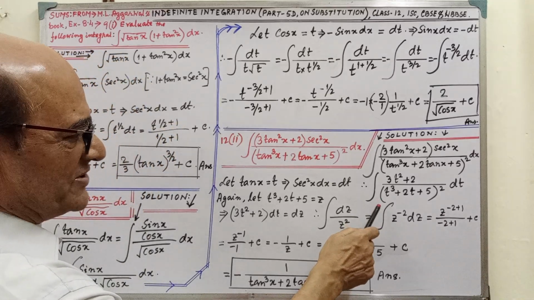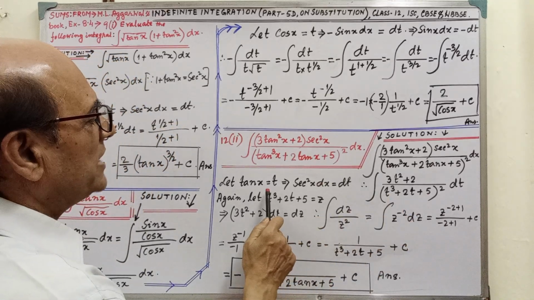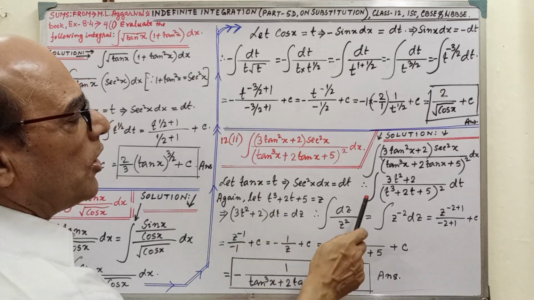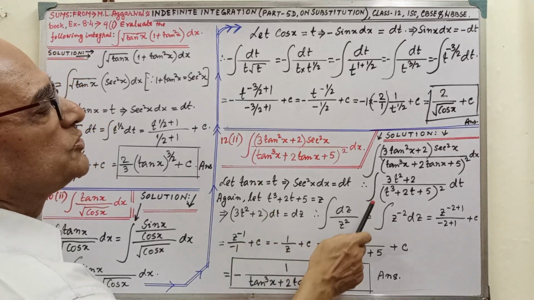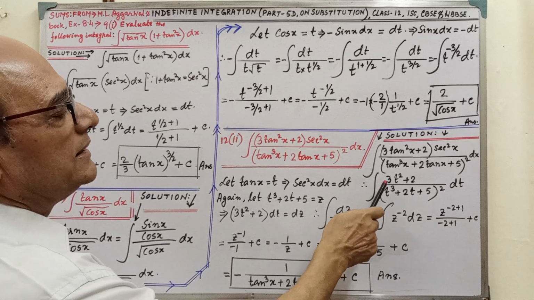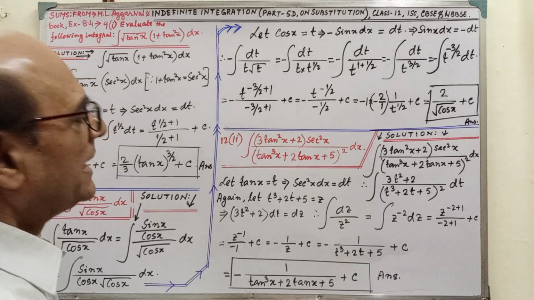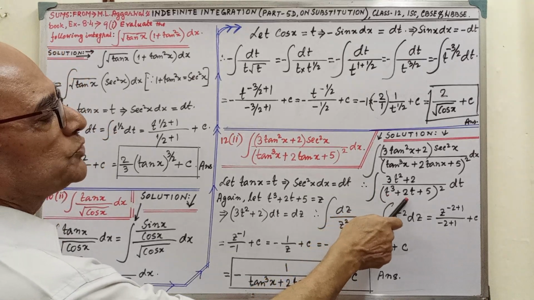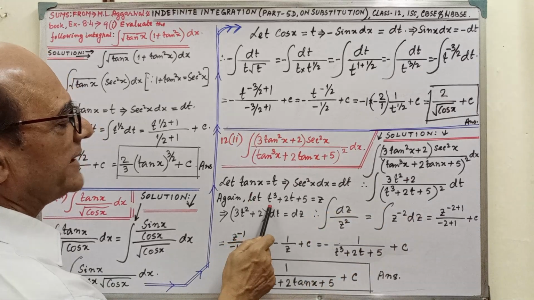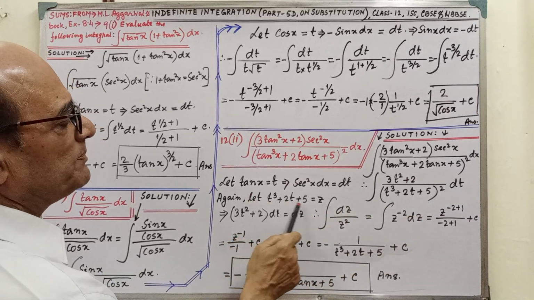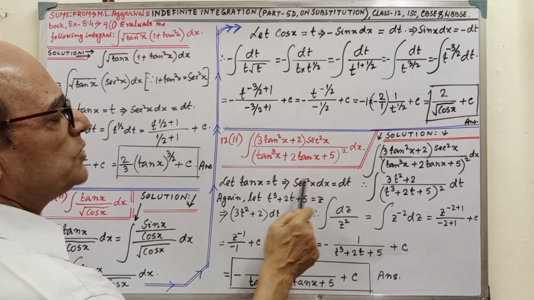This sum is a special type. Here we have considered one time. Second time also we have to consider to get the integration. Let t cube plus 2t plus 5. Again we are taking t cube plus 2t plus 5 equal to z. First we have taken t.